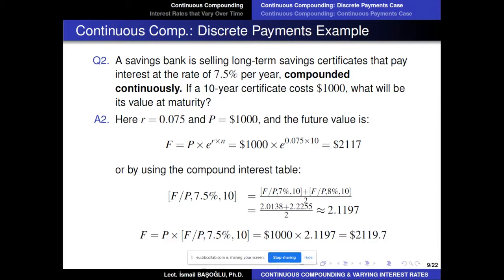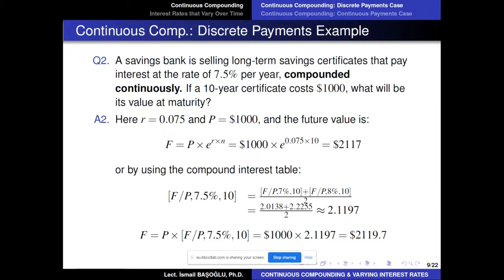So the future value of the certificate in the end of the 10-year period will be 2,117.